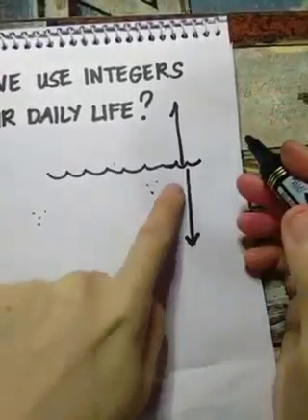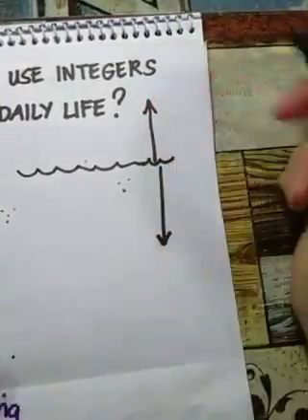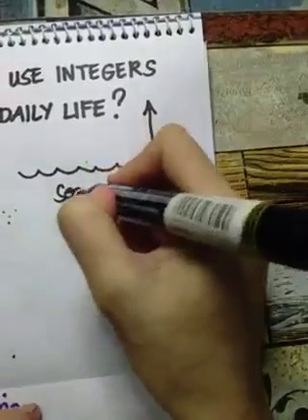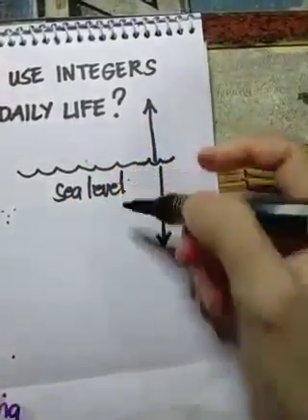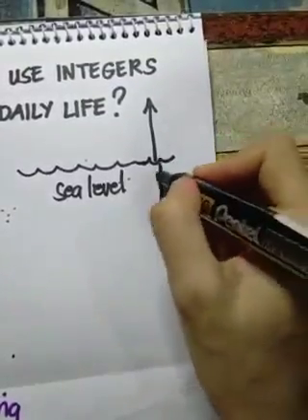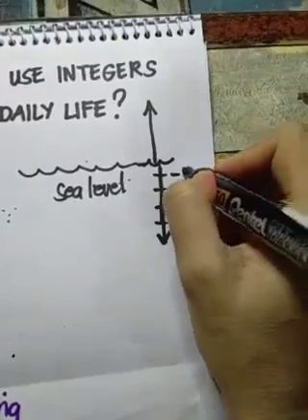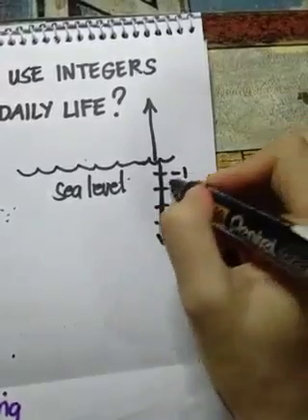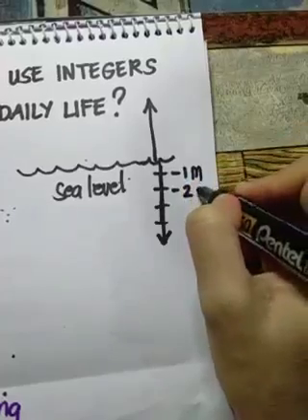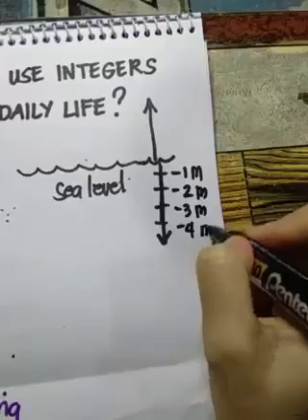Below sea level, ubos na siya, no? Above sea level, pataas na siya. So, unsaon man nato paggamit ang integers ani? Kung below sea level gani, it will be represented by a negative number or a negative integer. So, negative 1 meter, negative 2 meter, negative 3 meter, negative 4 meter.